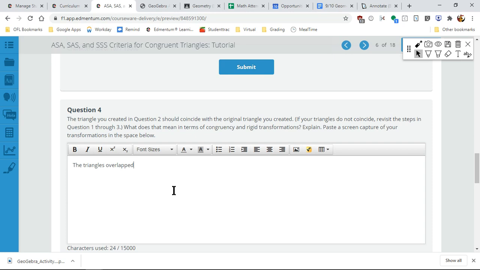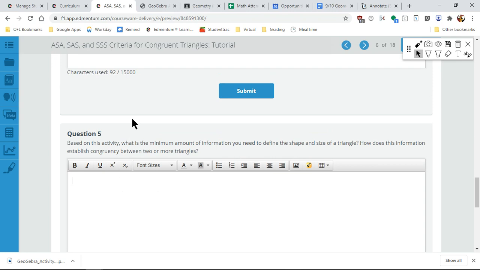So I'm going to say the triangles overlapped after rigid motion. This means that the triangles are congruent, because congruent means you can do rigid motion to make them overlap.